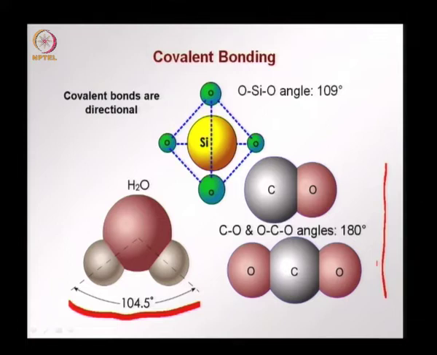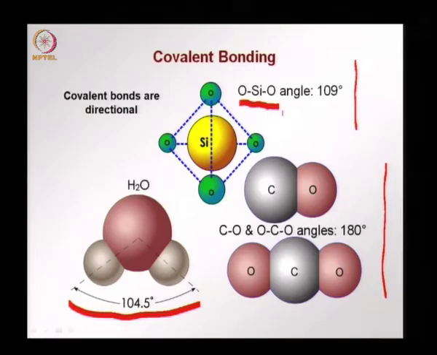In the silica tetrahedra, we find that the angle between the oxygen silicon oxygen configuration is 109 degrees. That means that whichever bond that happens with these elements will always have this type of configuration, and this gives rise to a specific shape of the molecule that forms due to covalent bonding.